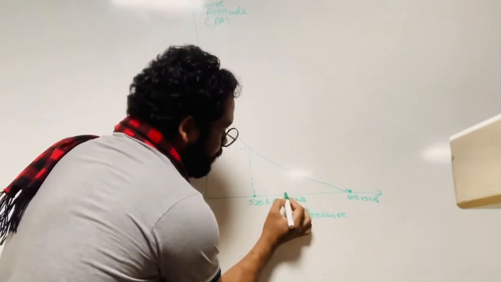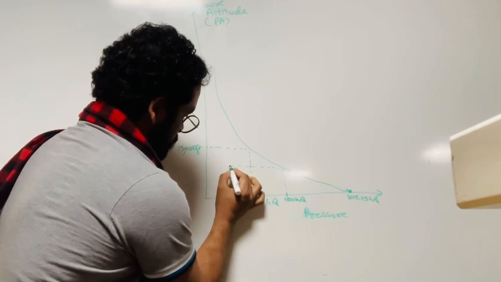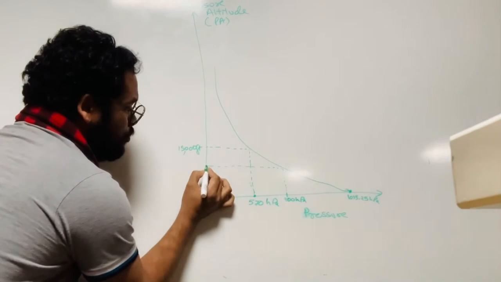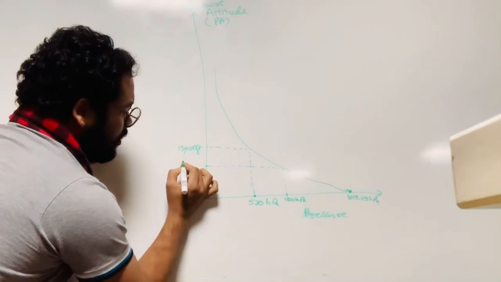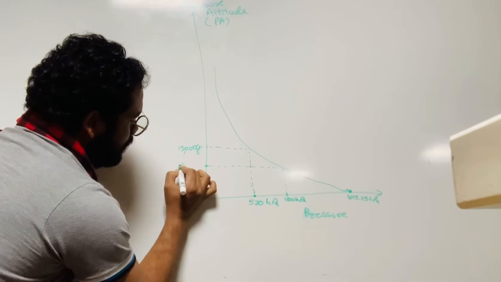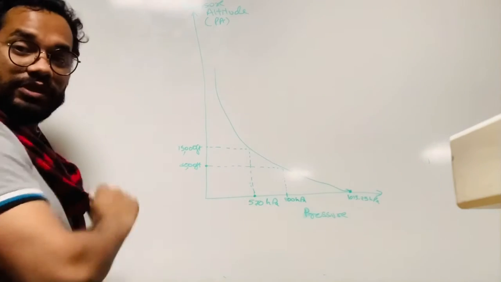Let's check. Let's extend this again in the same way, and the altitude which corresponds to 900 hectopascal will be somewhere around 3000 feet. Suppose 3000 feet.